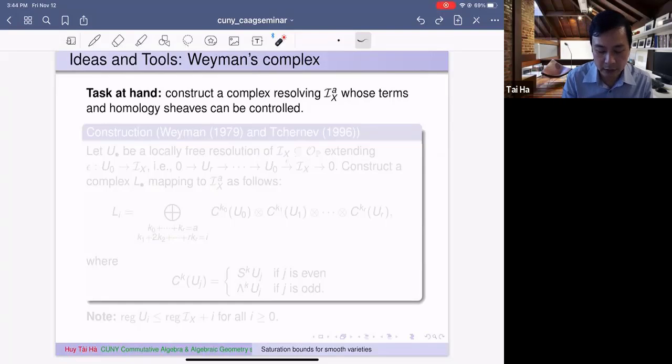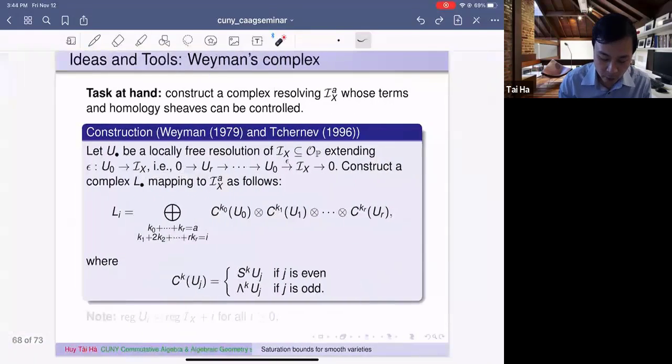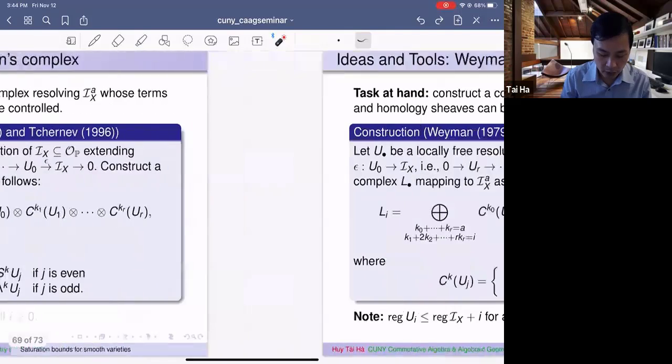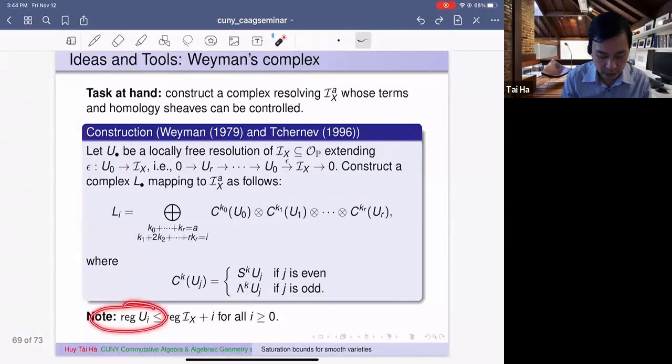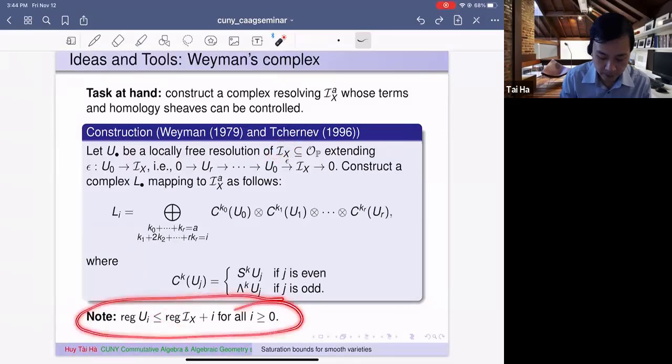So particularly, again, the task at hand is to resolve the a-th power of the ideal sheaf. And what we do is, well, let's just start with any locally free resolution of this. Because this is a locally free resolution of the ideal sheaf of X, one knows that the regularity of its terms is controlled by the regularity of the ideal sheaf of X. So we know these conditions.